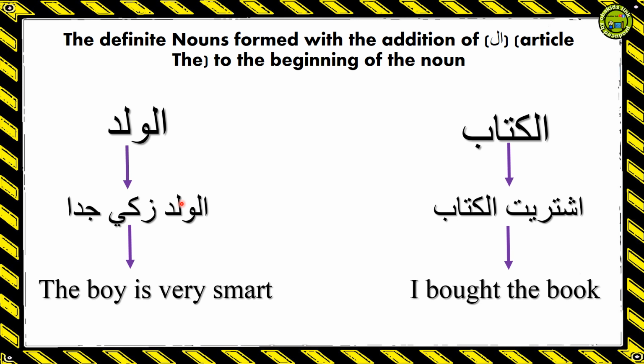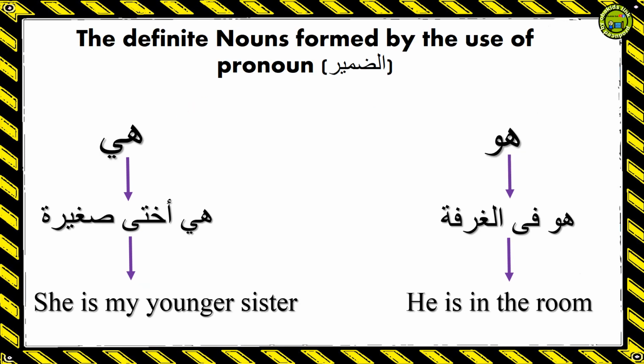Al-waladu zakiyun jiddan, the boy is very smart. So the reason why this is a definite noun is because of the addition of alif and lam to its beginning. Al-kitabu and al-waladu.